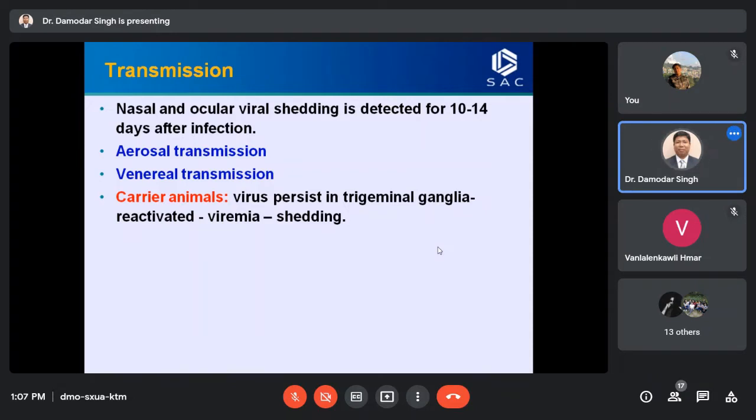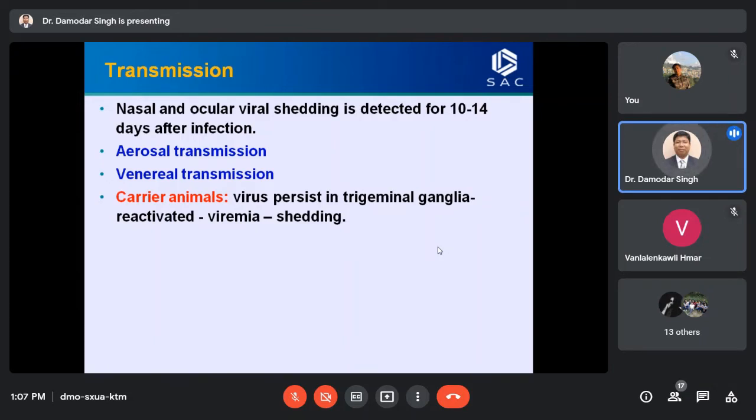That's why aerosol transmission, the aerosols coming out of the infected animal through these secretions, is the most important mode of transmission. But when the genital organs are involved, where pustular lesions are present, in the male or the female, venereal transmission is also possible.